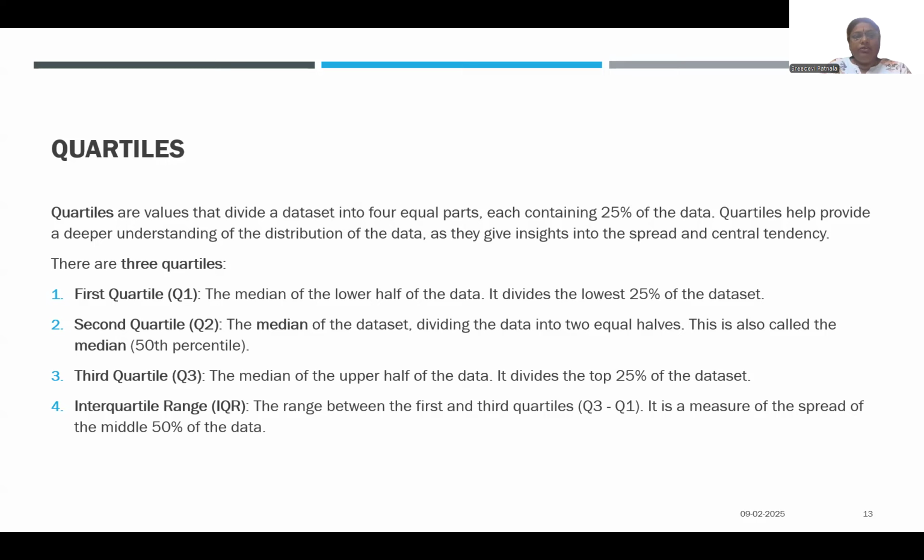The first quartile Q1 is the median of the lower half of the data and divides off 25% of the data set, the second quartile is 50%, and the third quartile is the median of the upper half, dividing off the top 25%. The IQR is the range between the first and third quartile, where up to 50% of the spread lies.